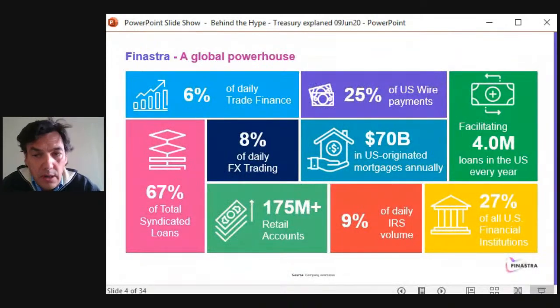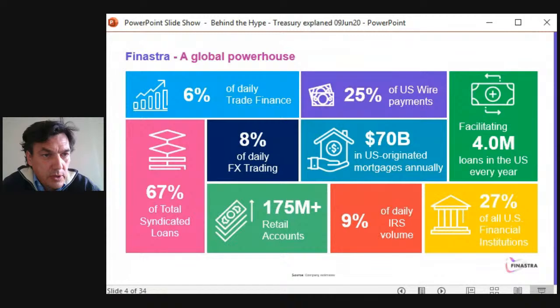A couple of figures: Finastra is powering 8% of the daily FX trading. It's quite huge when you think that every day you have $6 trillion traded.